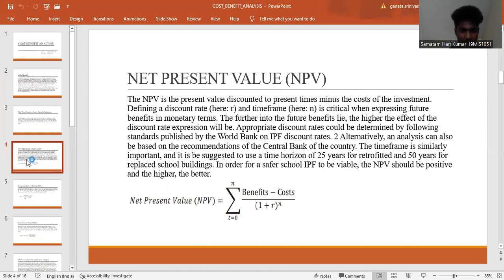The further into the future the benefits lie, the higher the effect of the discount rate will be. Appropriate discount rates could be determined by following standards published by the World Bank for IPF discount rates, and a horizon of 25 years for retrofitted and 50 years for replaced school buildings. In order for a safer school IPF to be viable, net present value should be positive, and the higher the better.